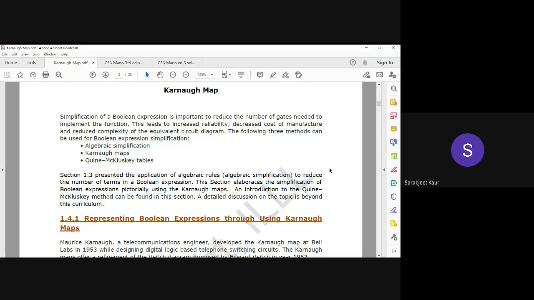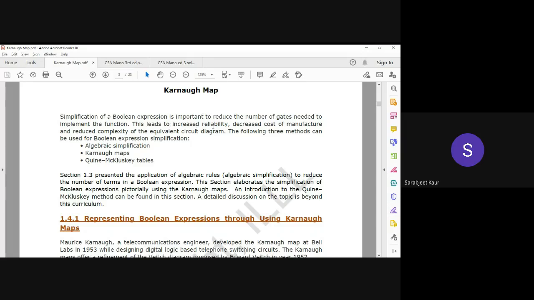Just a second, Dipali. Is this clear to you? This is the goal that we stated earlier when we were talking about Boolean algebra. Why should we simplify Boolean expressions? Simplification reduces the number of gates, which leads to increased reliability. Why reliability?